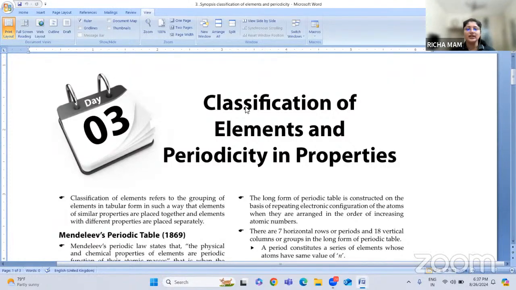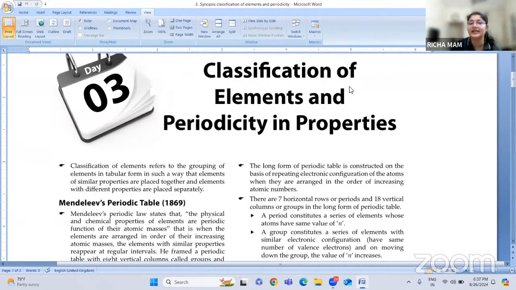Fine. So in the last class, we were discussing the classification of elements and their properties. There are 118 elements in the periodic table, so it is very difficult to study each element separately.